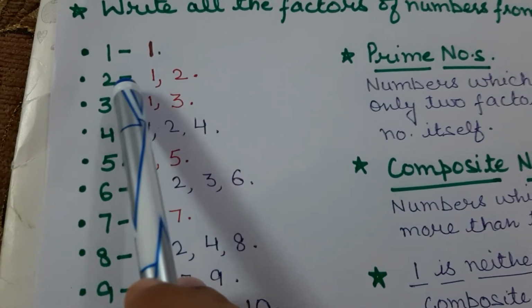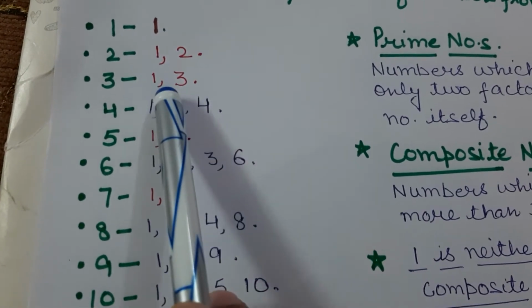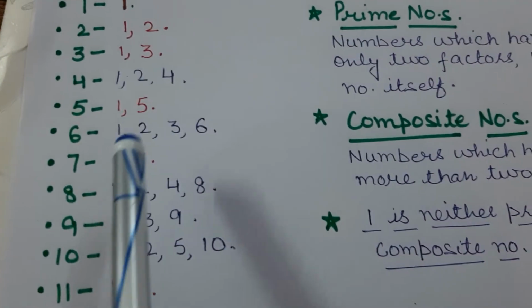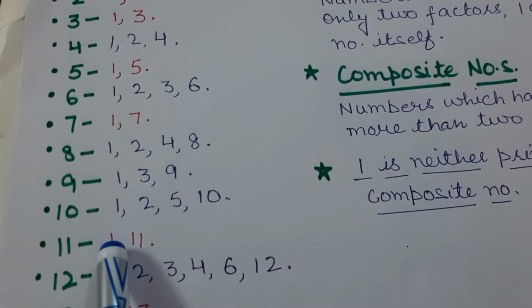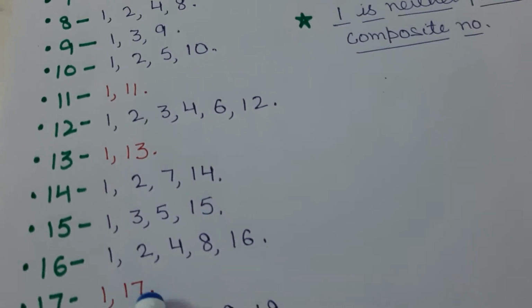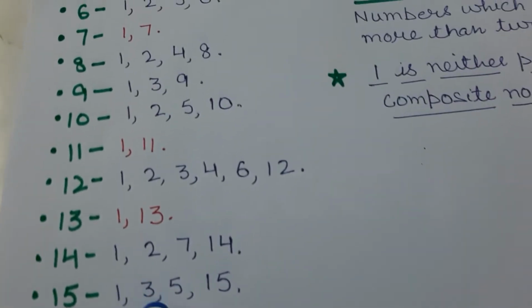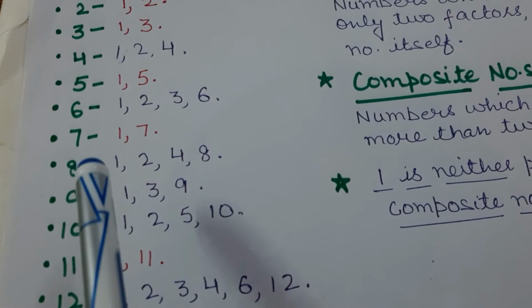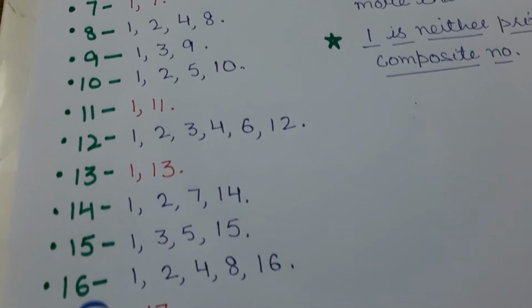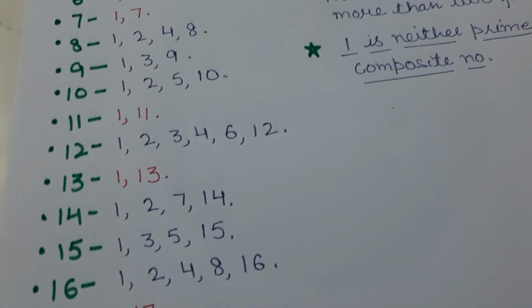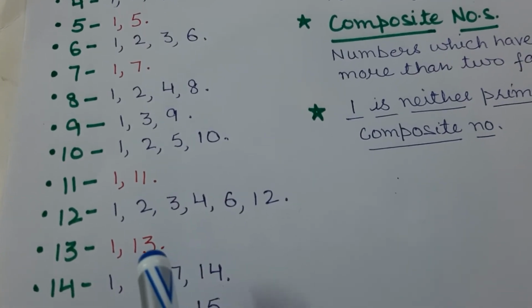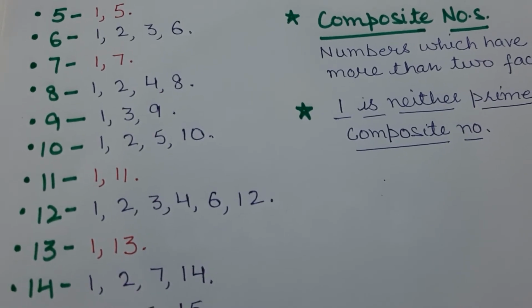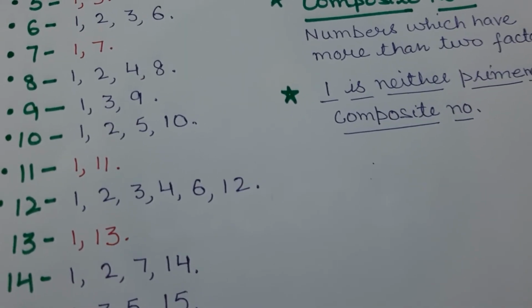Look at all these numbers: 1 and number itself everywhere. So 2, 3, 5, 7, 11, 13, 17 and 19 are the prime numbers from 1 to 20.